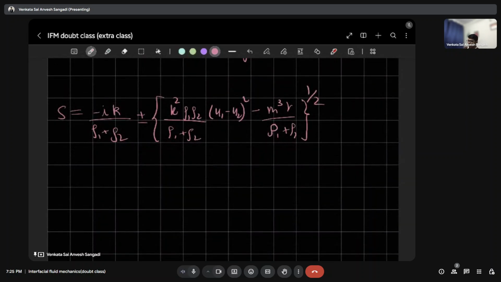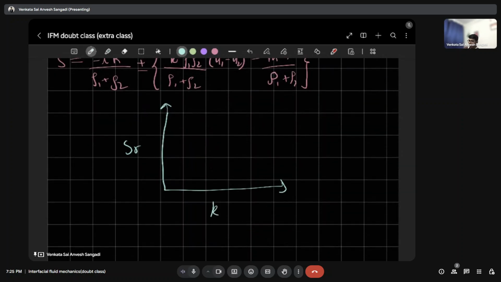So this will simply give us the plot of SR and wave number k, and it will look like this, where this is k cutoff. This region is stable and this is unstable.